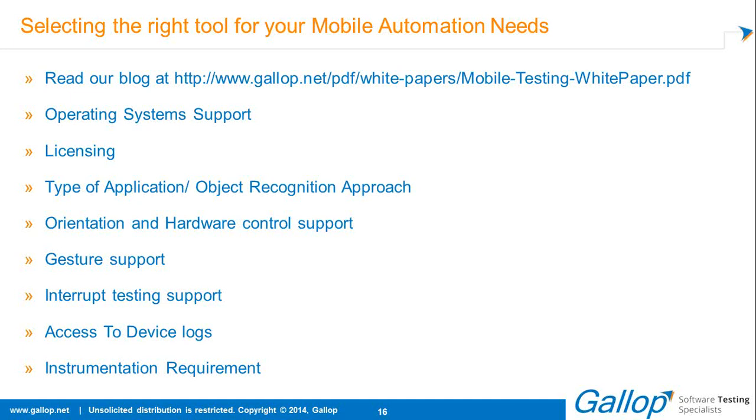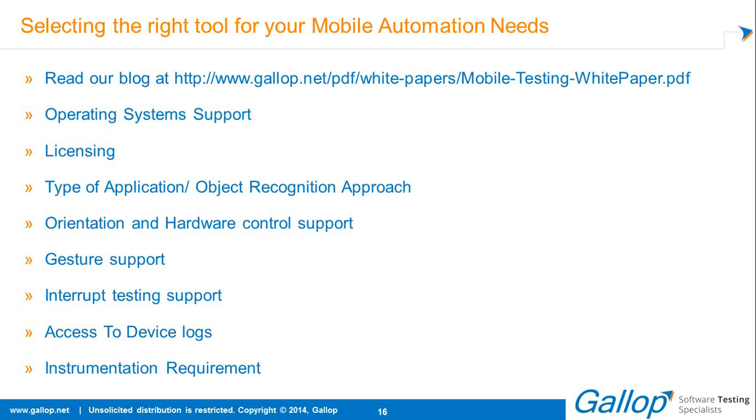So if you have iOS and Android devices that you want to run on, you have to purchase 2 different licenses, one for iOS, one for Android, and you can connect any number of devices of those types and run. So if you think you have multiple operating systems you want to support, you would have to purchase multiple licenses to support those operating systems. So this is one important consideration that you might want to make.